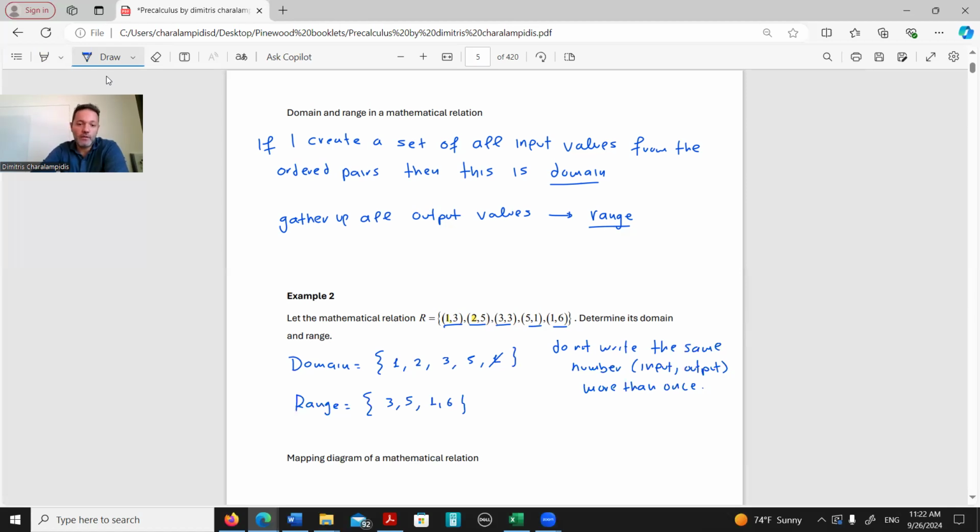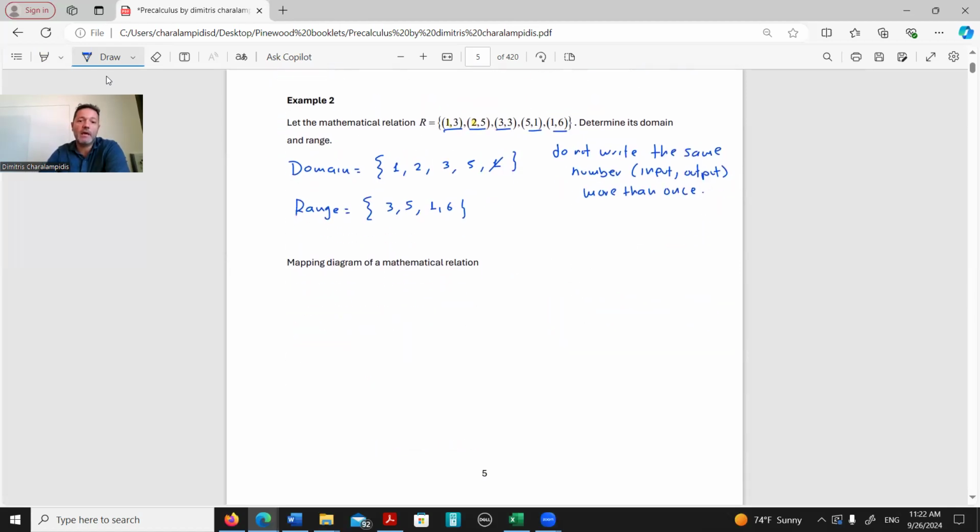Moving on, let's see what a mapping diagram is. It's basically a way to visualize how input and output values are connected.